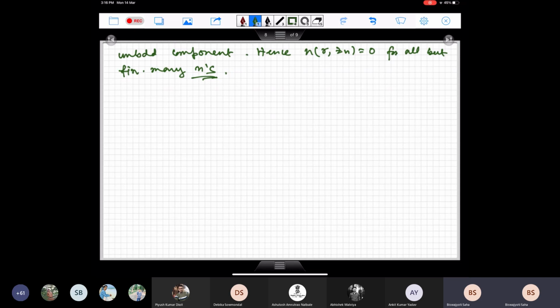That is the point which I was trying to make. So we are now going to work with only the finitely many of them, because we know that all but finitely many of them are going to lie in the unbounded component.